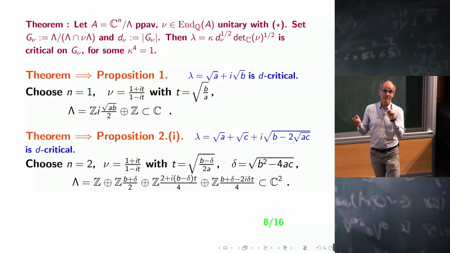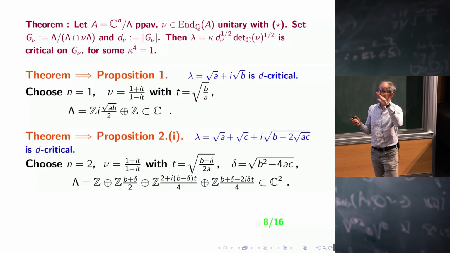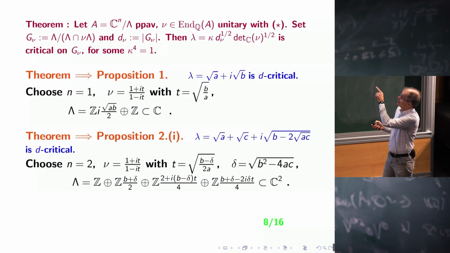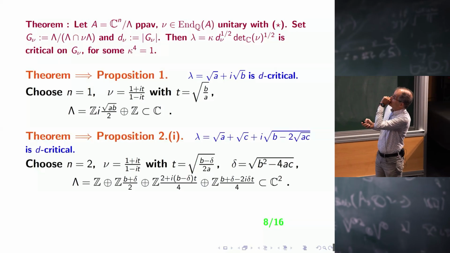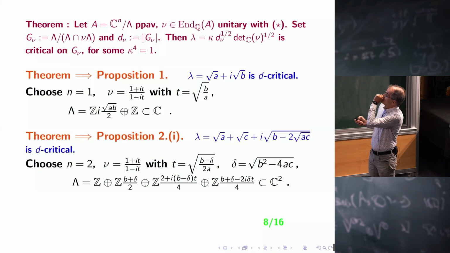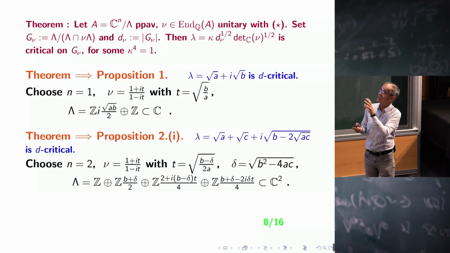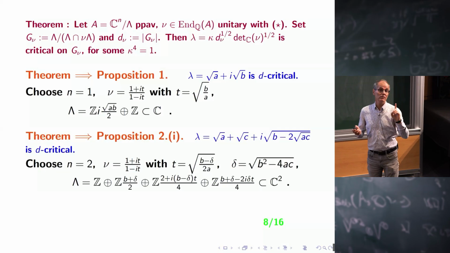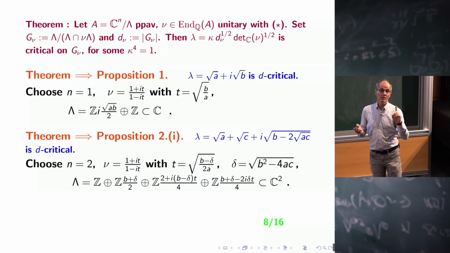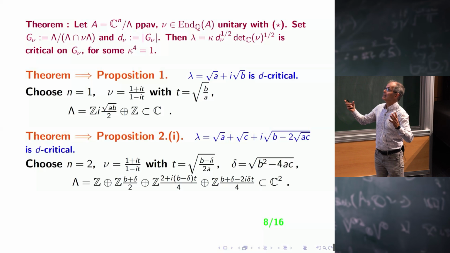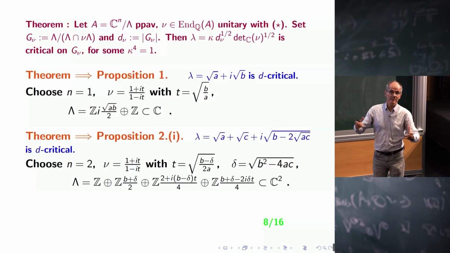So you can't take just any one; when you change lambda, you have to keep the fact that it is principally polarized. And one point about this theorem is that in the Q endomorphism, I just asked for the existence of one unitary transformation. But for sure, I can restrict myself to the case where you are CM.